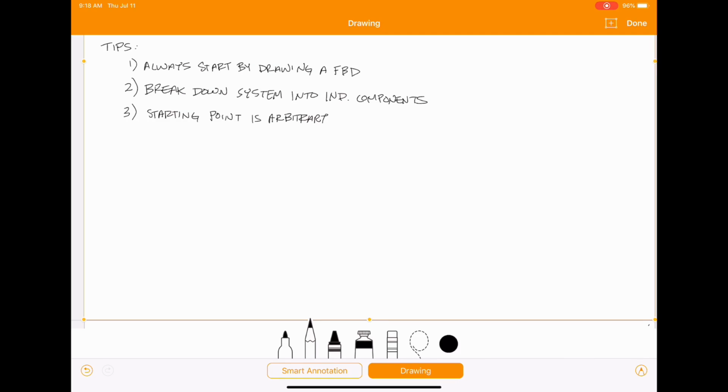Now, there are different ways you can recognize which starting point is going to be easier for you. However, if you can't recognize that at first when you start learning these, then just pick a piece and start moving forward, and over time you'll be able to develop that sense of which piece is going to be easier to start with.